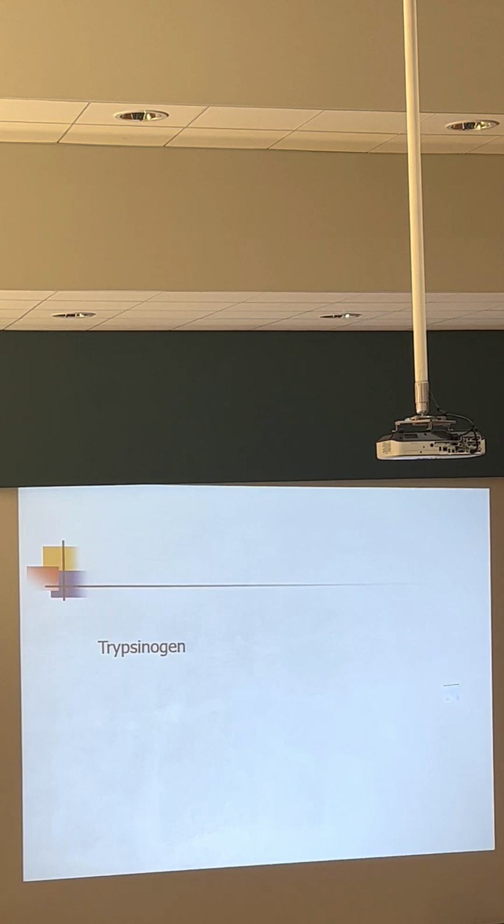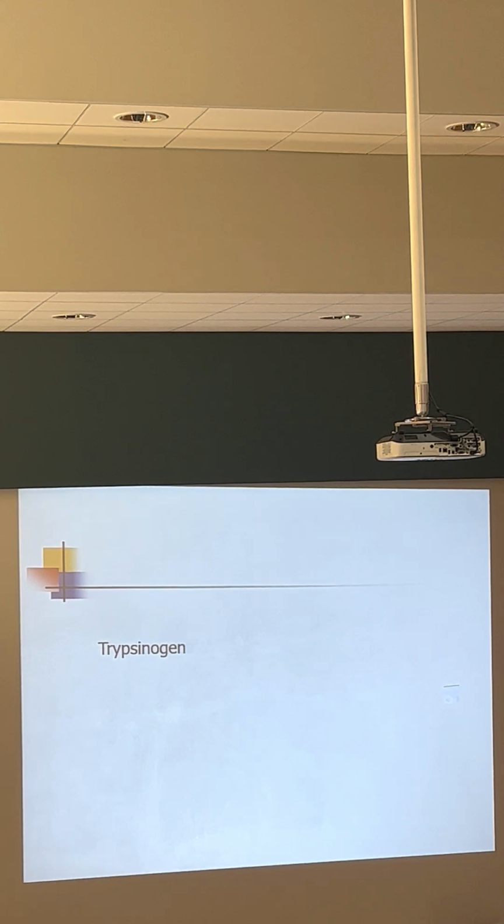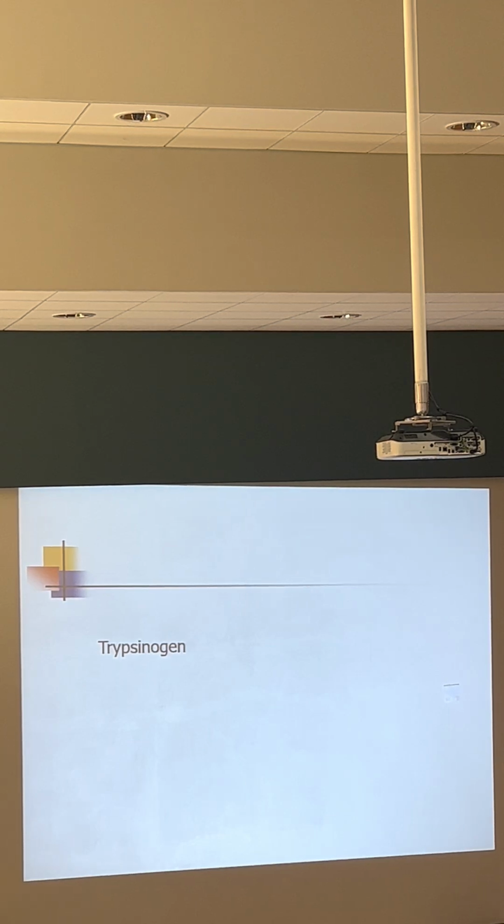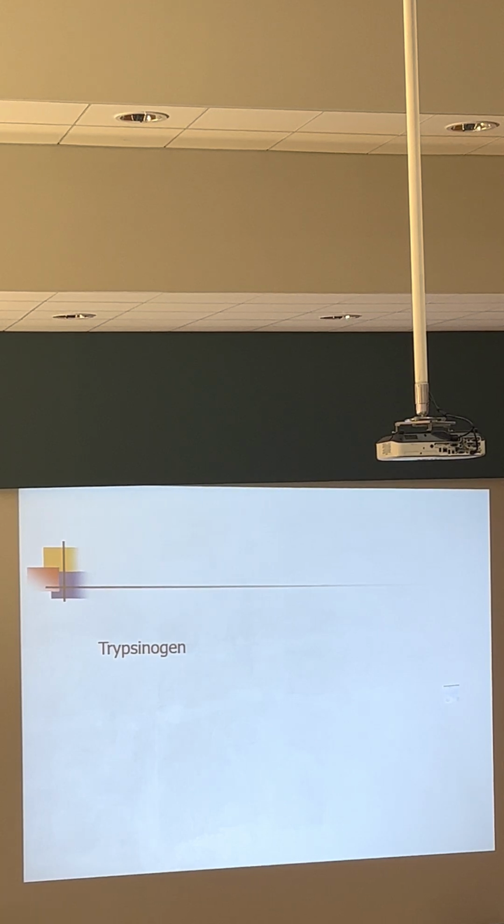Activation begins in the intestines. That is where it ought to begin, not in the pancreas. And activation of all the enzymes secreted into the duodenum starts with the activation of trypsinogen. We don't want that protein being activated in the pancreas, and that is why we have antitrypsin.